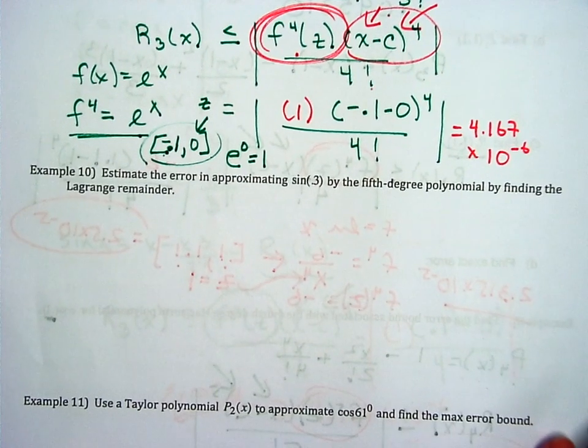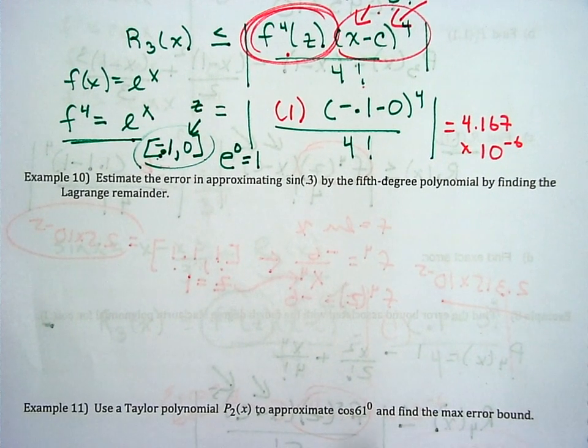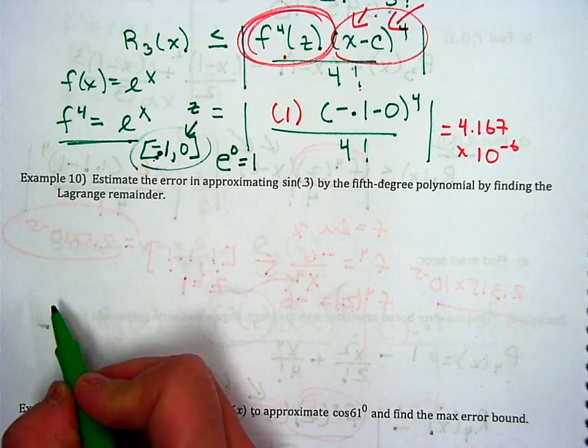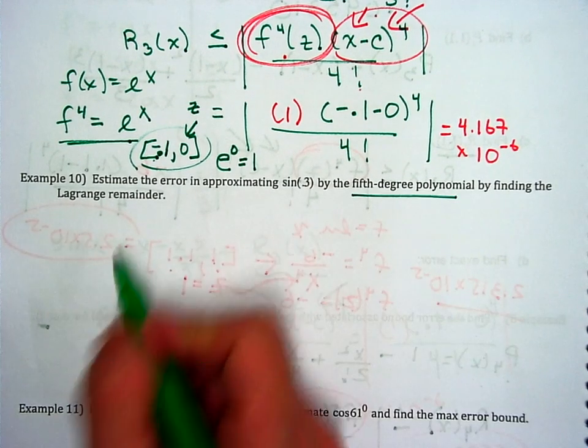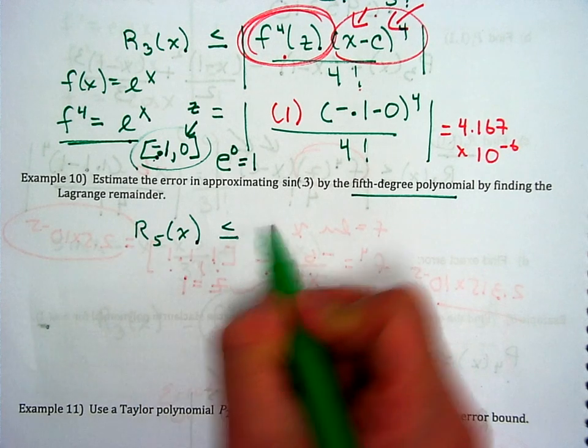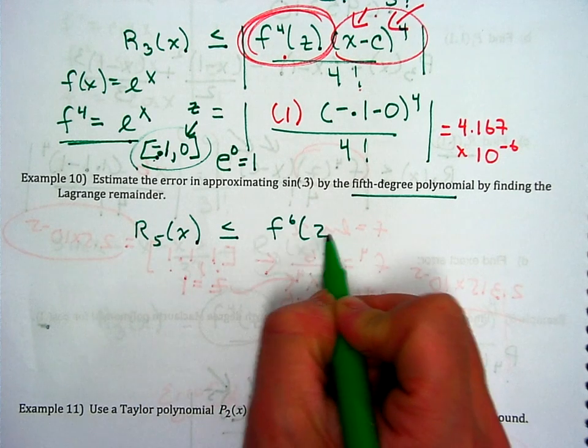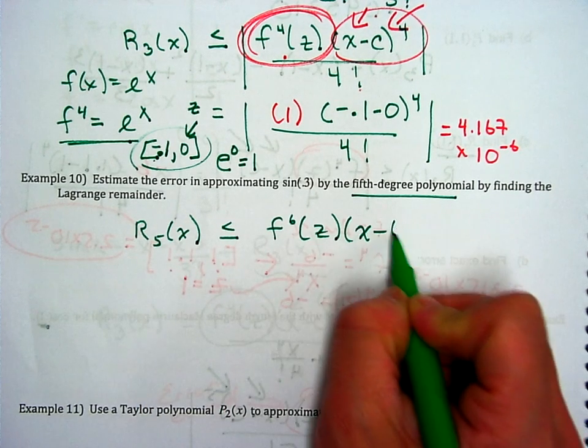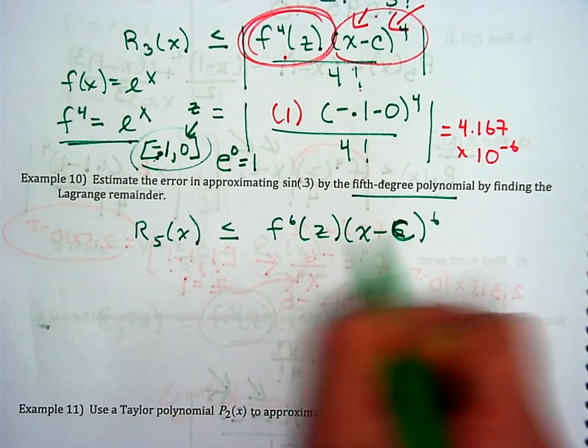Okay, next one. Estimate the error in approximating sine of 0.3. Again, we're going to use the sine function using a fifth degree, so I know the error bound associated with the fifth degree is something less than or equal to the term that has the sixth derivative in it. So I'm going to start with the general formula.